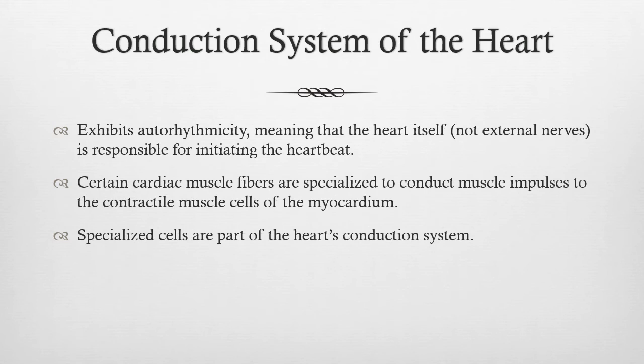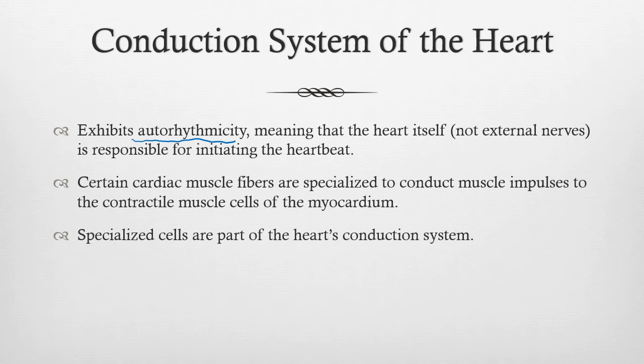In order for the heart to contract how it does, it needs a good electrical system inside. And so it has a nice conduction system that's there. The heart cells themselves are said to be autorhythmic. So they set their own pace. They set their own rhythm as far as when to contract at any given time.